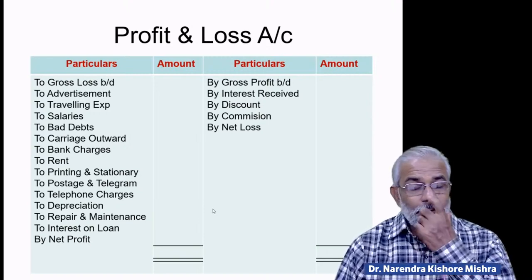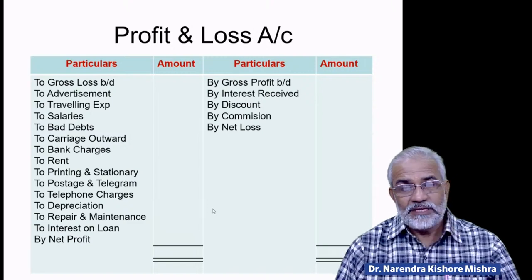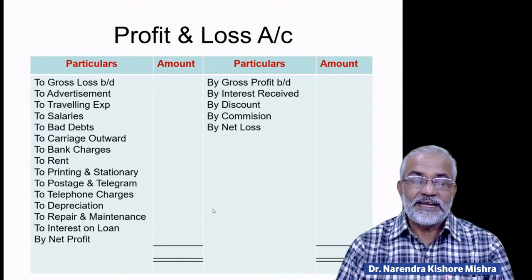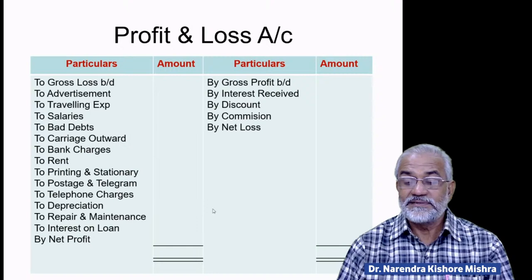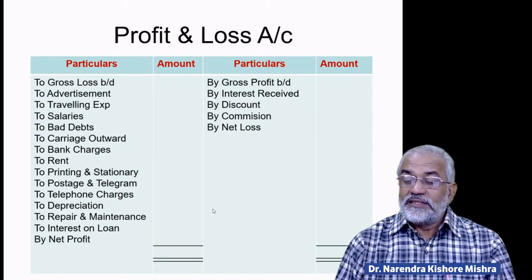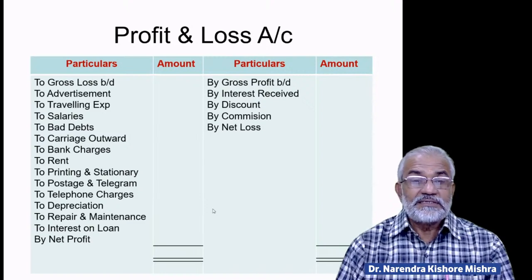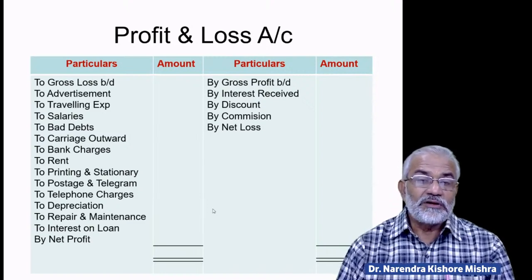When we discussed the concepts and conventions in the earlier classes, we came to a conclusion that there are about 10 concepts and about 4 conventions. Among those, there was a concept called the accrual concept.